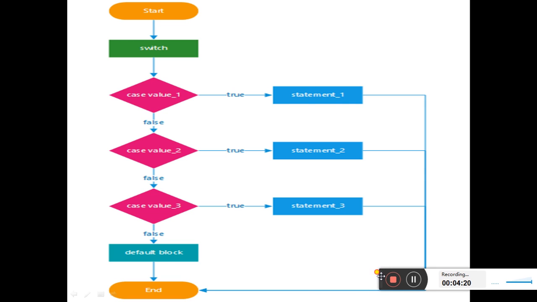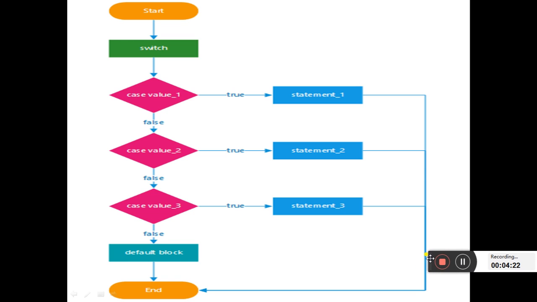If case value 1 doesn't match with the expression provided, that means it will return false. If it is returning false, then the case 2 value will be checked with the expression.